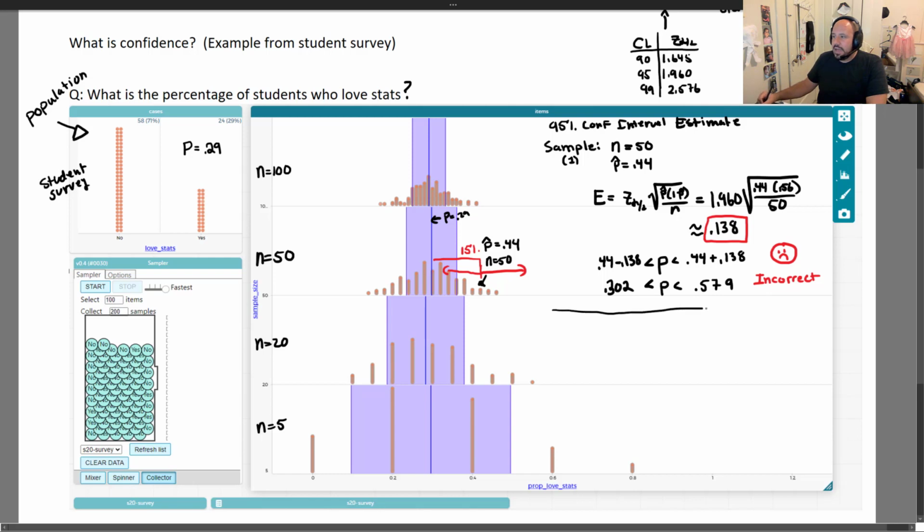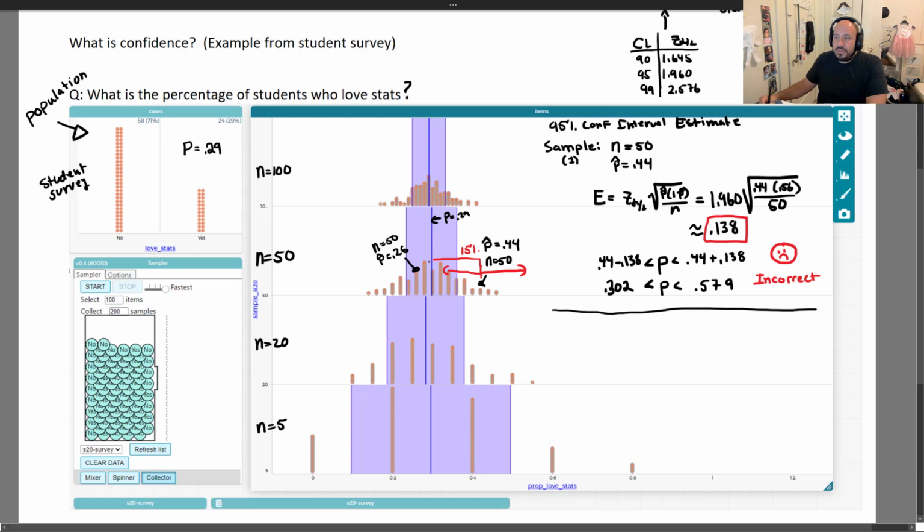And to contrast with that, the second sample that I'm going to take is actually going to be a little bit closer. The second sample that I'm going to focus on was also, once again, a sample of size 50 from the same group. And it has a sample percentage of about 0.26. So 26%, that's a little under what the true value is.